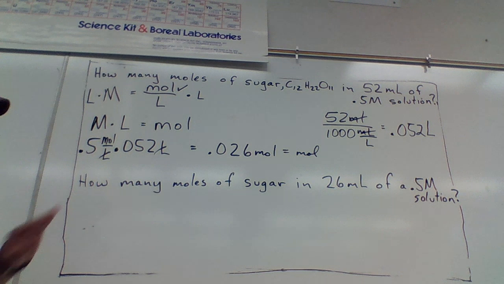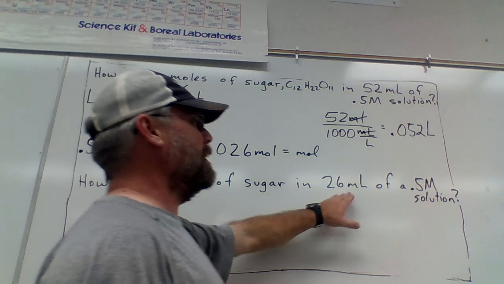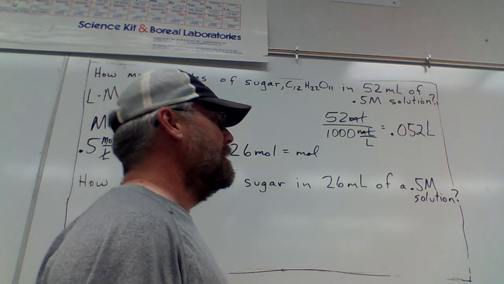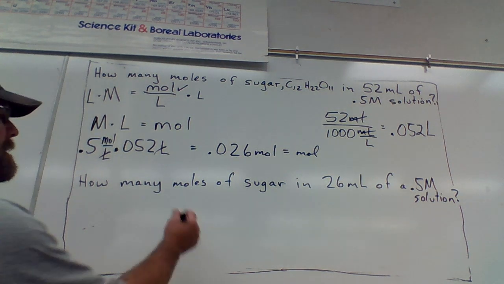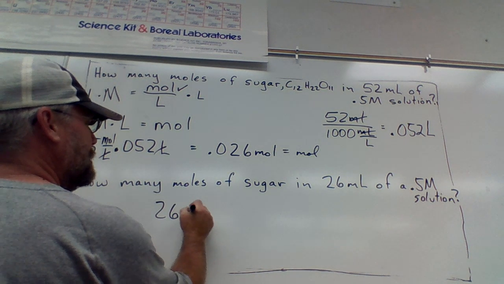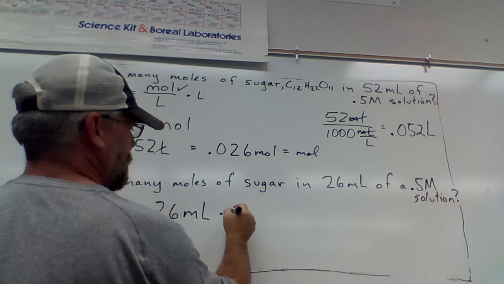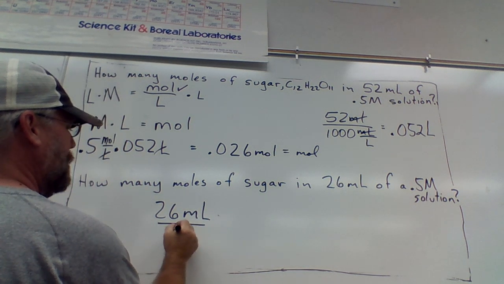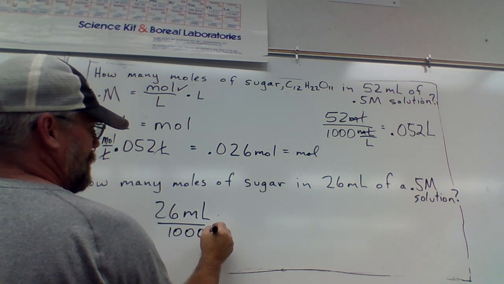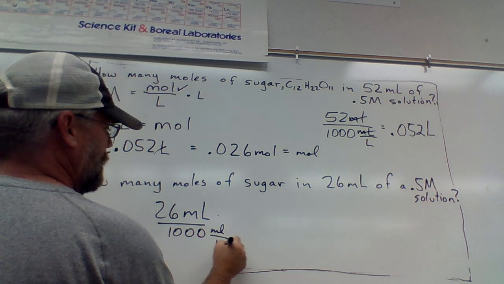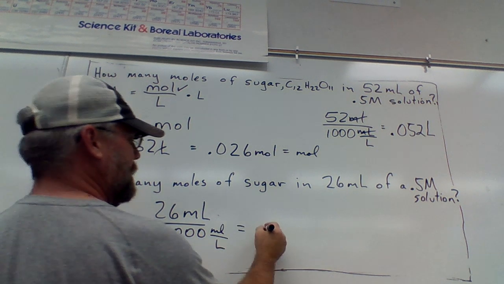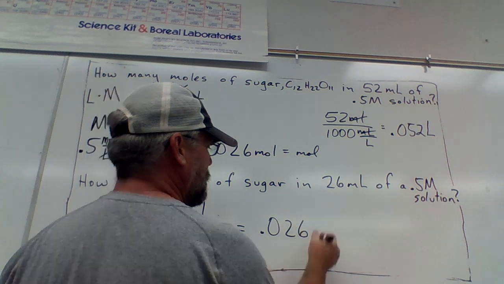So how many moles of sugar are in 26 milliliters of a 0.5 molar solution? 26 milliliters divided by 1,000 milliliters per liter is going to give me 0.026 liters.